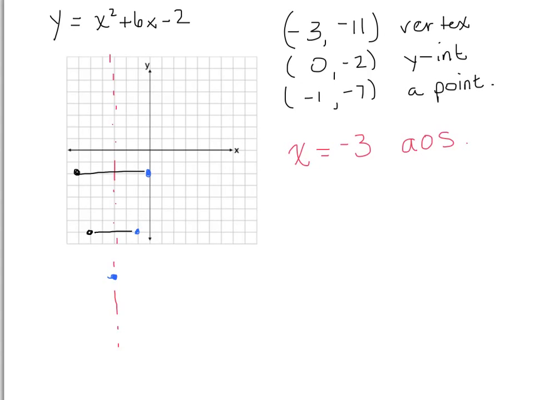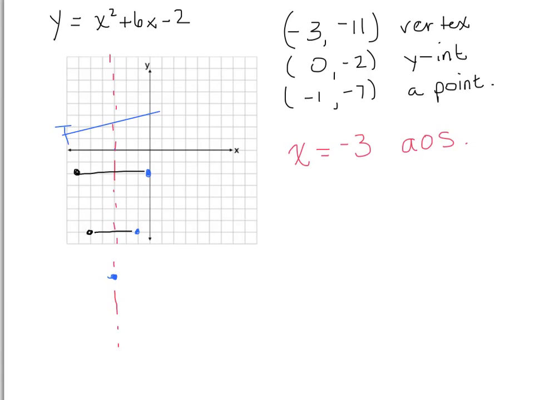So that's using the axis of symmetry to reflect the points. Now I can connect this with a smooth curve, like so, and I've got it. And I can, of course, label all of these.